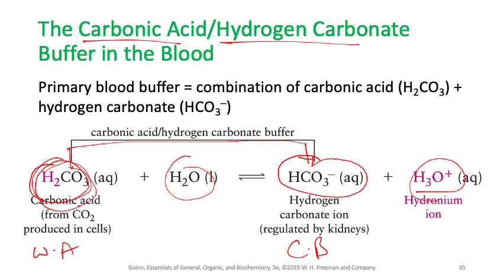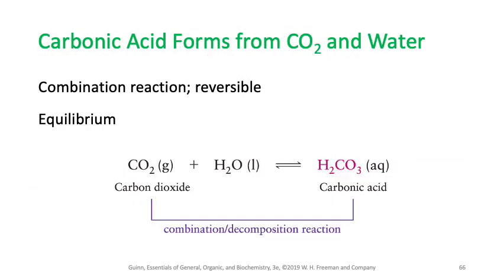in our blood. You can also make carbonic acid in our blood by another mechanism. If you have carbon dioxide in your blood and it dissolves in water, you will have a combination reaction to make carbonic acid.